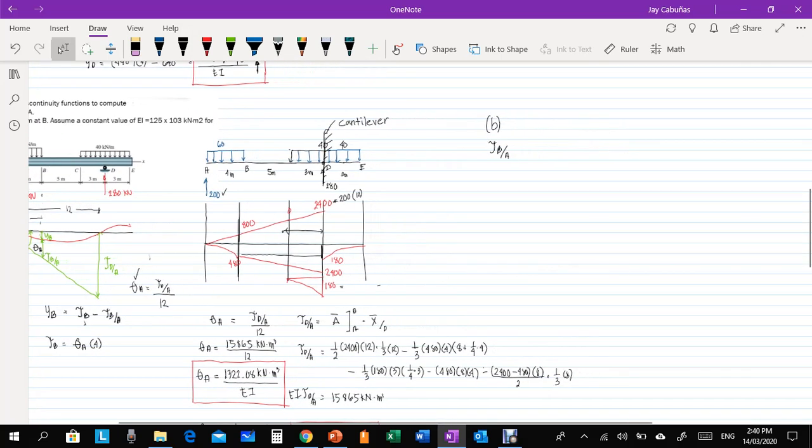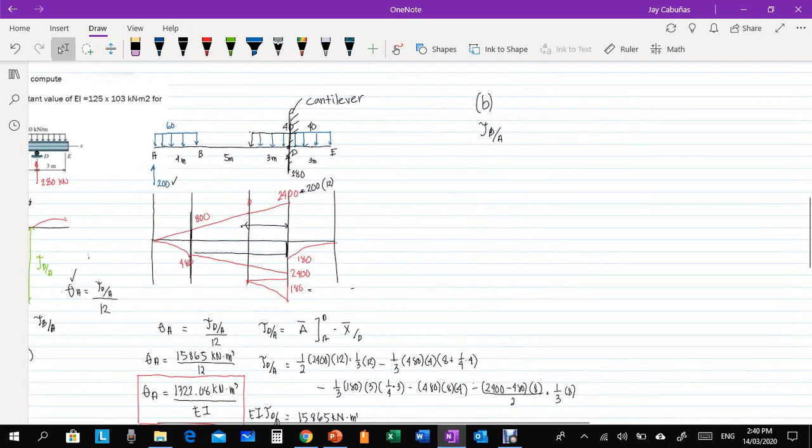Okay? So we have the area moment. What is the boundary?